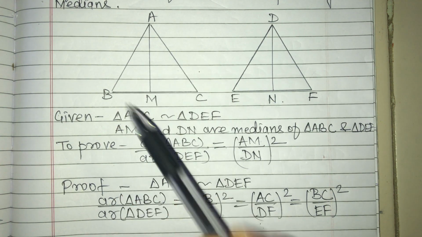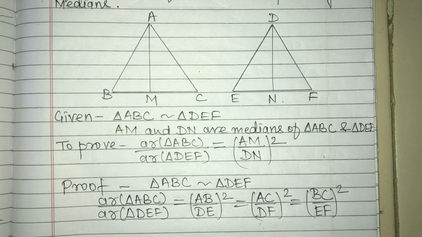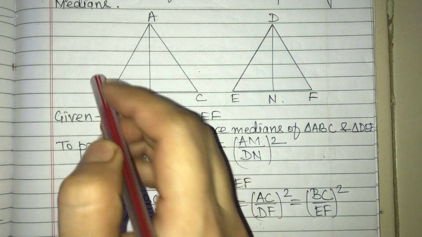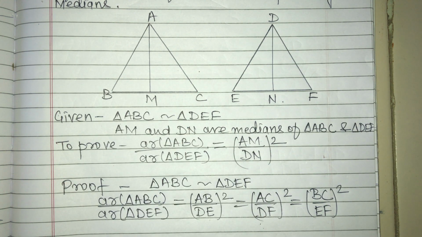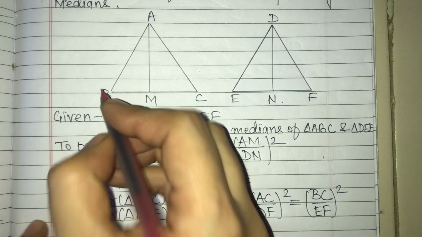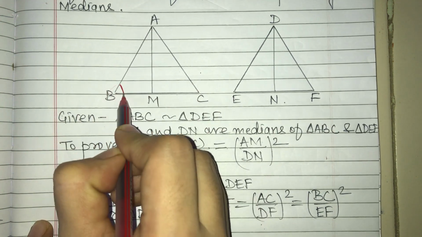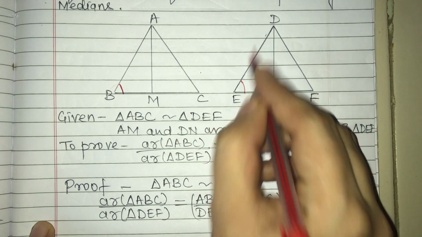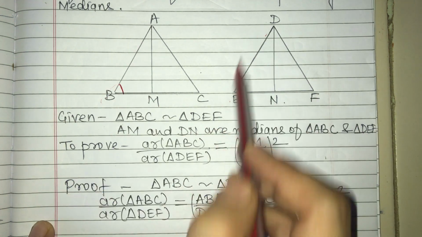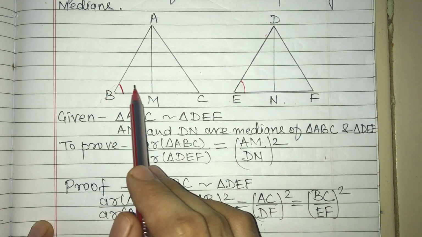we already know that angle ABC is equal to angle DEF. Why? Because ABC is similar to DEF, so their angles are equal.